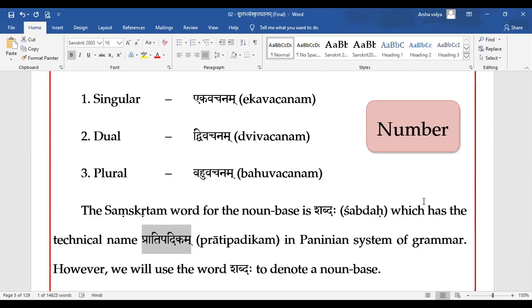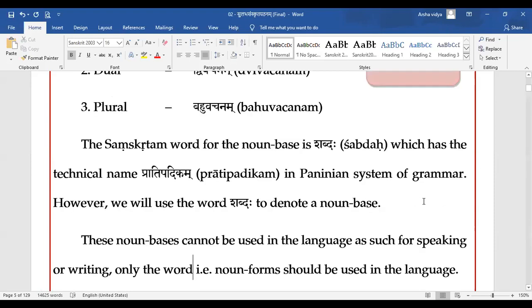In English you have to say only grammarian, but when we refer to great people we use the word Acharya. We say Maharishi Panini or Panini Maharishi. So he uses the word Pratipadikam, and I will be using this word.